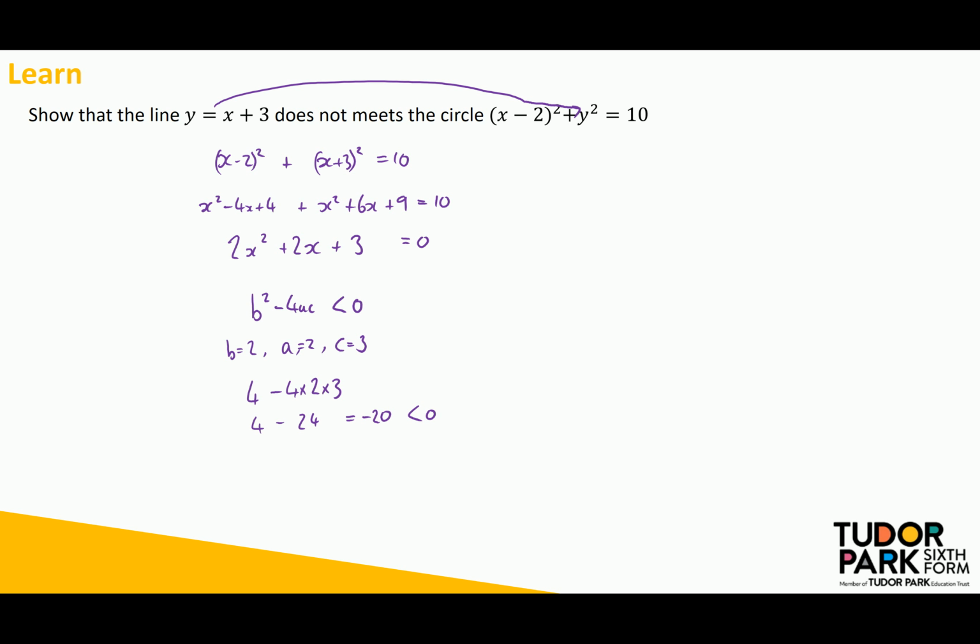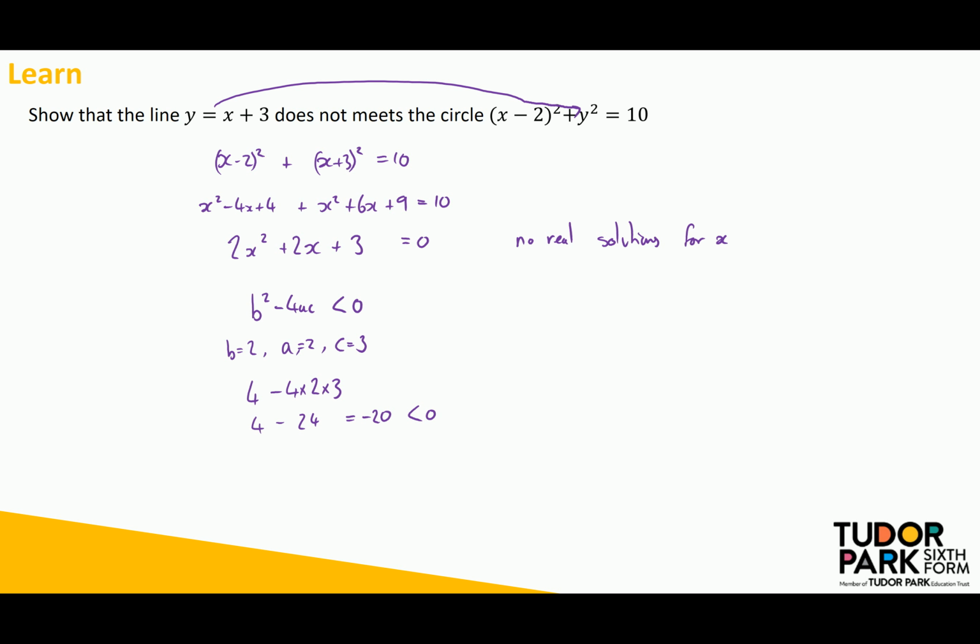So as the discriminant is less than 0, there are no real solutions for x. And as such, the line and circle cannot intersect.